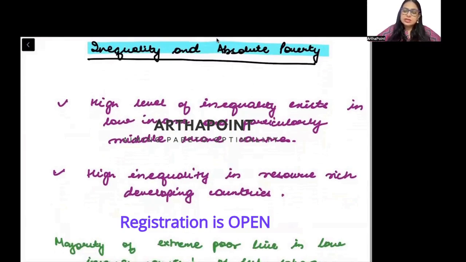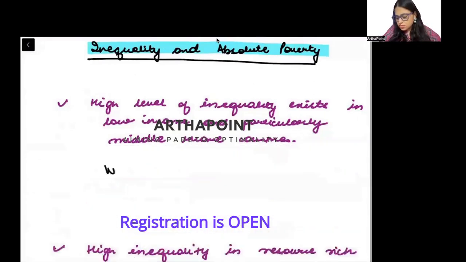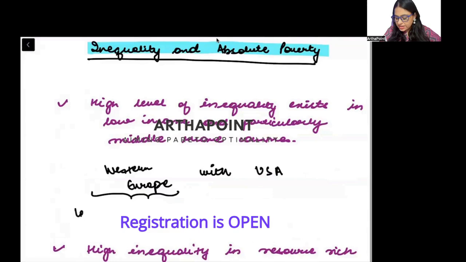In his paper, he tells that if I compare Western Europe with US, you will notice that in Western Europe, there is less inequality with respect to who can get good health facilities, who can get good education, with respect to the mortality rate among people.